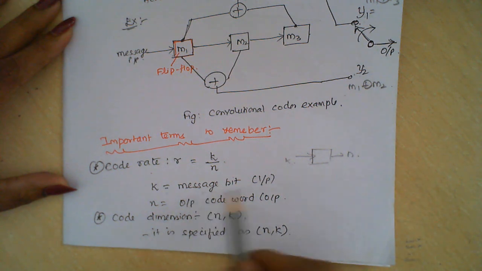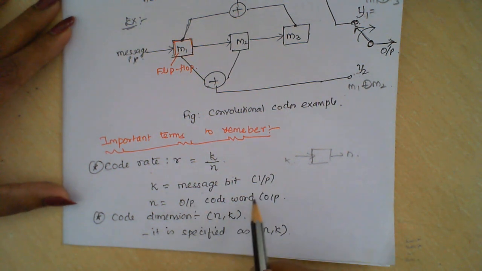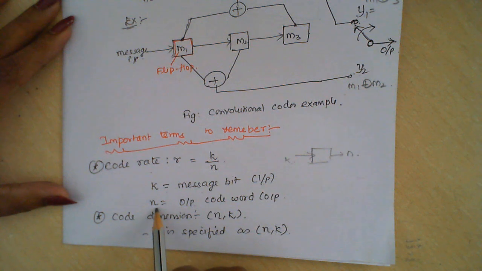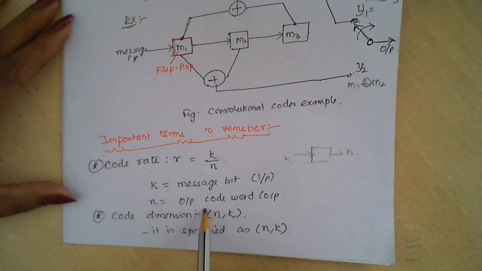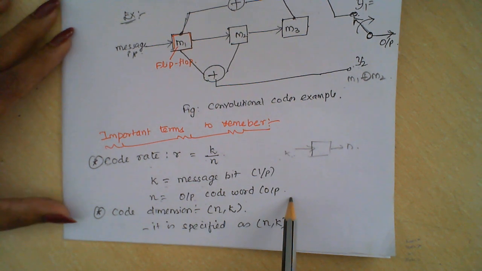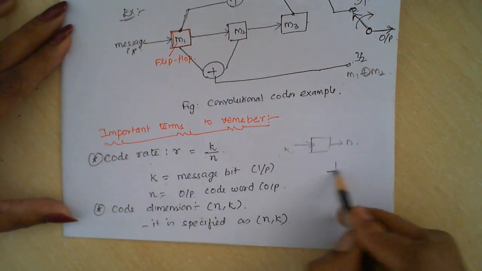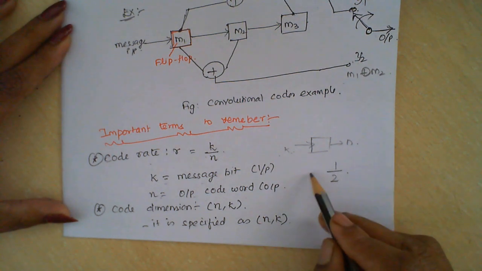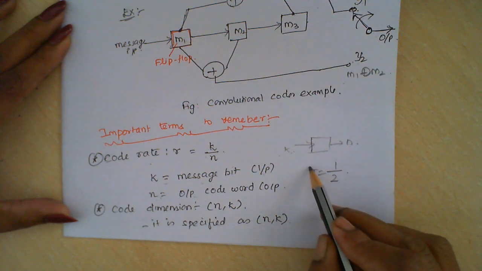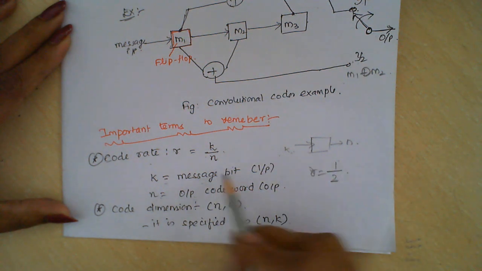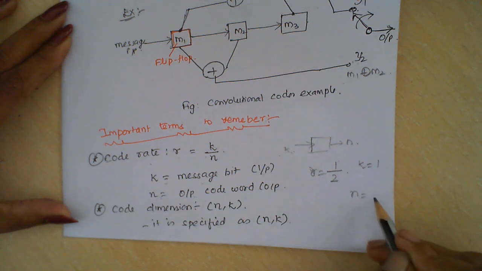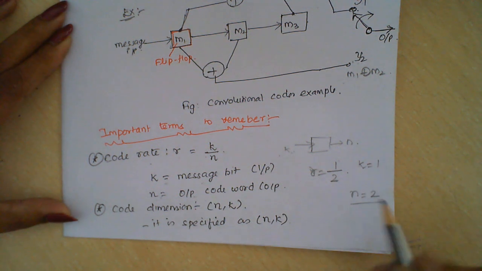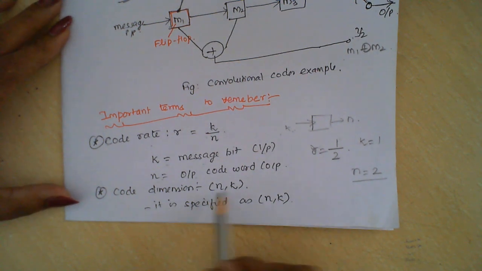So K is the number of message bits transmitted and N is the output code word produced. If the code rate is given as 1 by 2, for the convolution encoder, you could tell K is 1 and the number of output bits produced is 2.